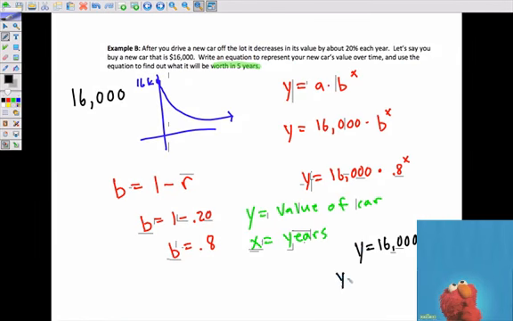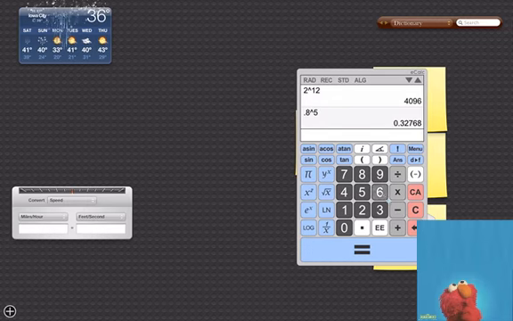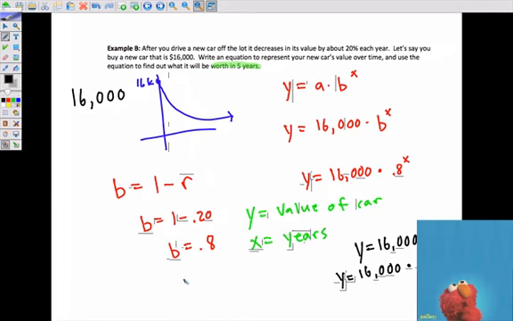So down here we've got 16,000 times 0.32768, which is about $5,242.88. And that's how much the car will be worth after 5 years.